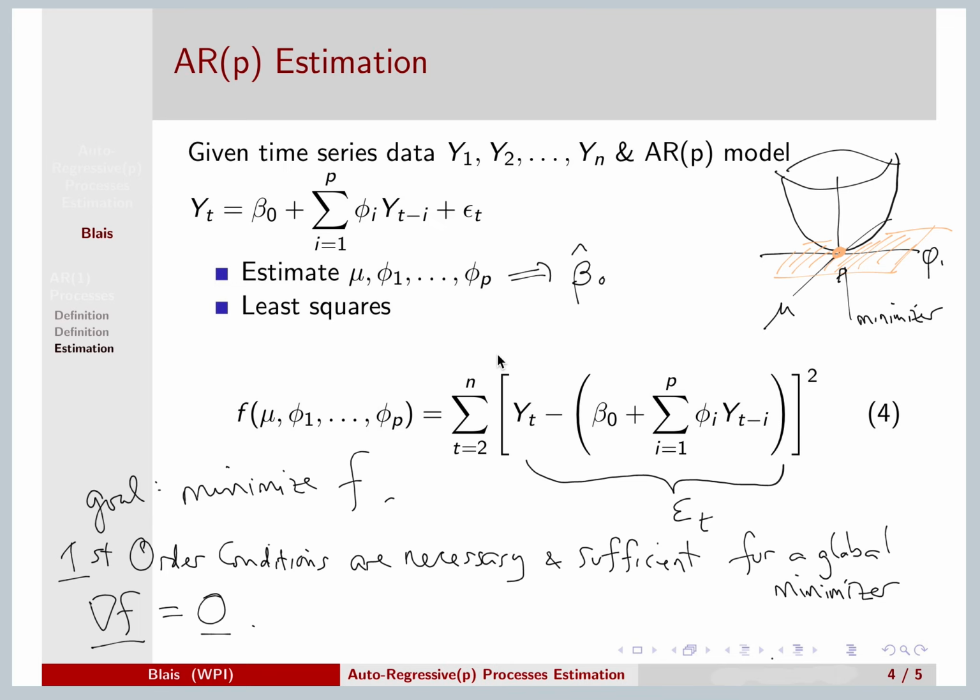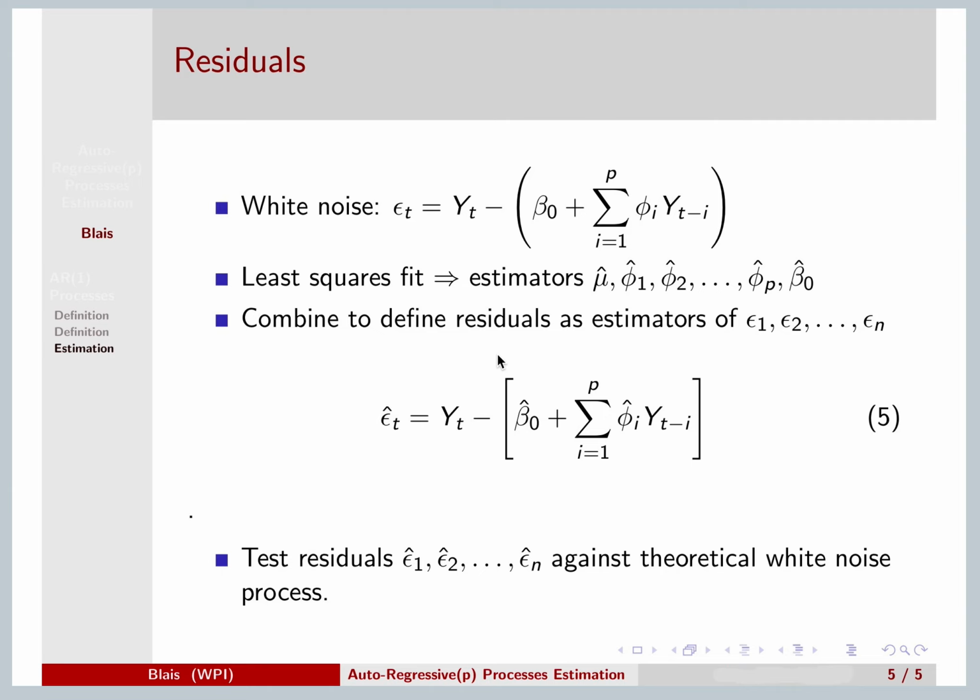So in order to fit this to data, we typically use some numerical routine to solve this system, the gradient of f being equal to 0. When you do that, you then have estimators for mu, phi 1, phi 2, up to phi p, and also beta naught, because that's derived from these previous estimators. Now that we have those estimators, we can look at what we call the residuals.